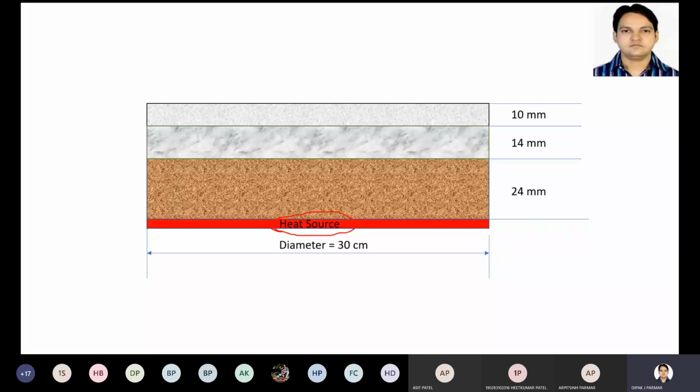The thickness of the first material plate is 24 mm. Then there will be a second plate with thickness 14 mm, and we have a third plate. Its thickness is 10 mm. As I mentioned, the plate is a circular disc, so the diameter of the disc is 30 centimeters. So this is the arrangement of the composite wall in our college setup.